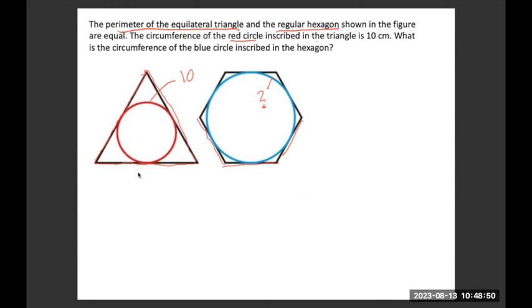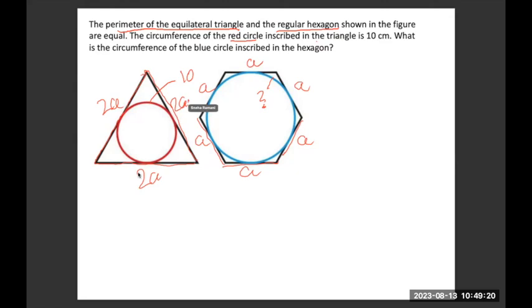In this case, I'll start with the assumption, because the hexagon has more sides, given the perimeter of the equilateral triangle and hexagon to be the same. So I'll say, what if one side of the hexagon is A, which means the one side of the equilateral triangle, which is given here, will be 2A, 2A, and 2A.